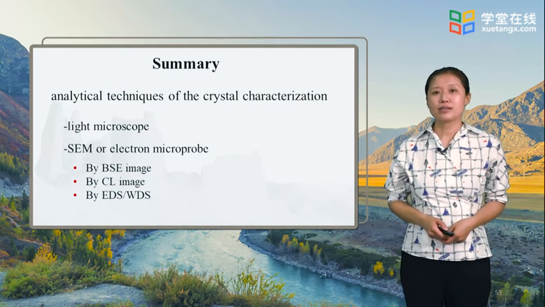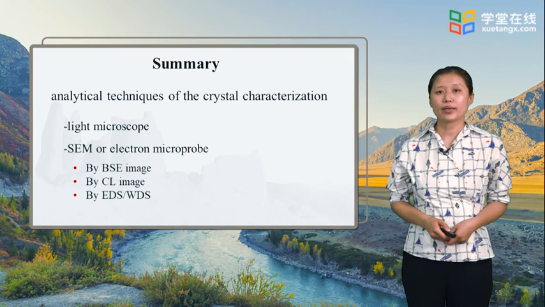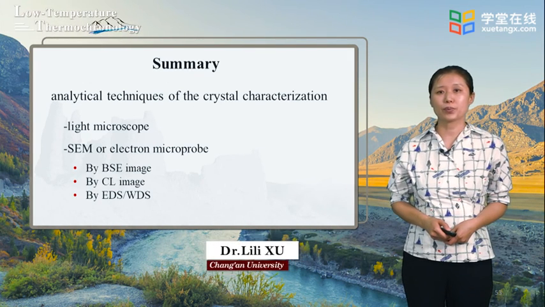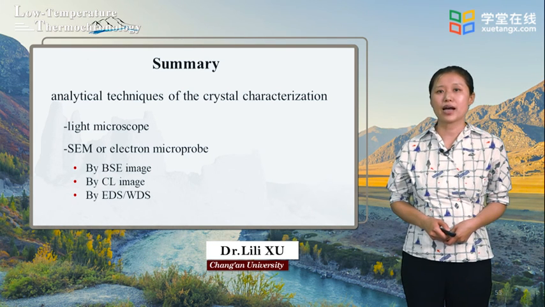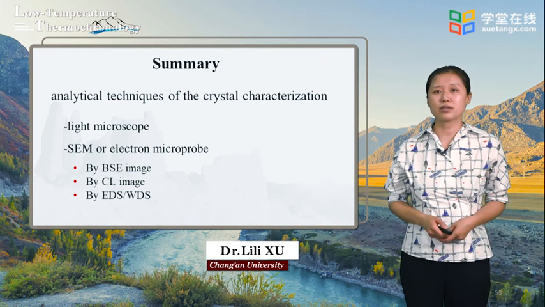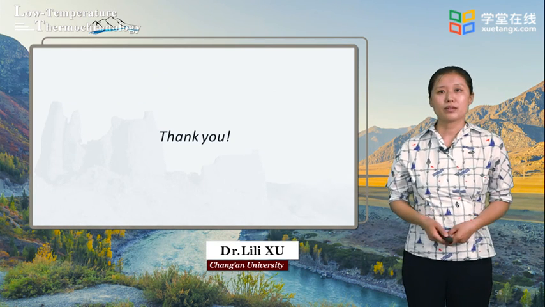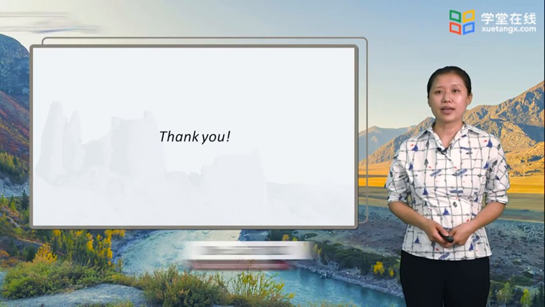The shape and size of each crystal can be observed and measured by the light microscope, and details about internal structures of the crystal can be investigated by the backscattered electron image, cathodoluminescence image, and X-ray spectrometers in the scanning electron microscope or electron microprobe. That's the end of the lecture today.